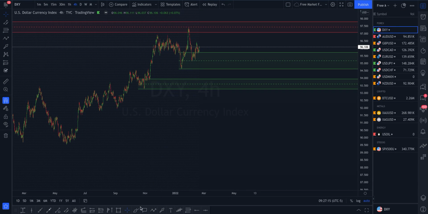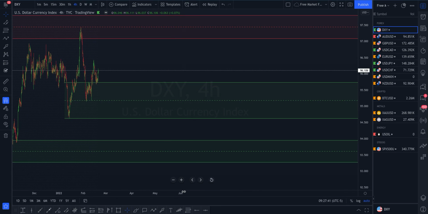We have our most recent low here. This high has been taken out by this high, so we are on an uptrend. We have a lower low. We currently have a lower high, but as of right now, we're on an uptrend.